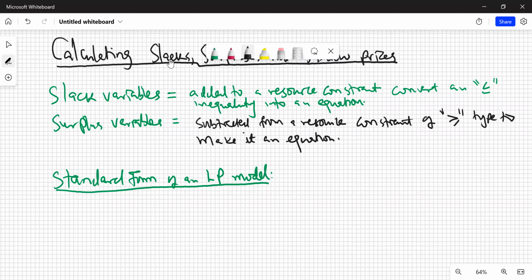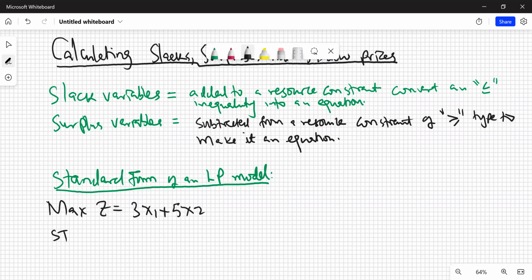So let's consider our previous model. And our previous model was looking like this. It was saying maximize Z, which is equal to 3x1 plus 5x2, subject to some inequalities here.